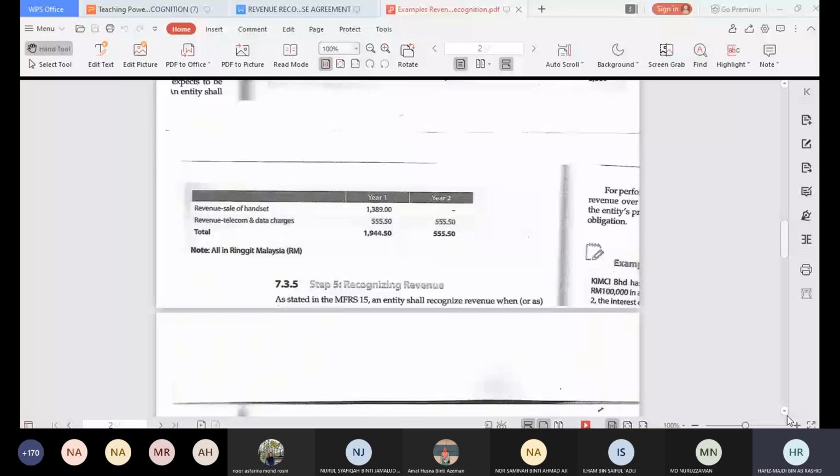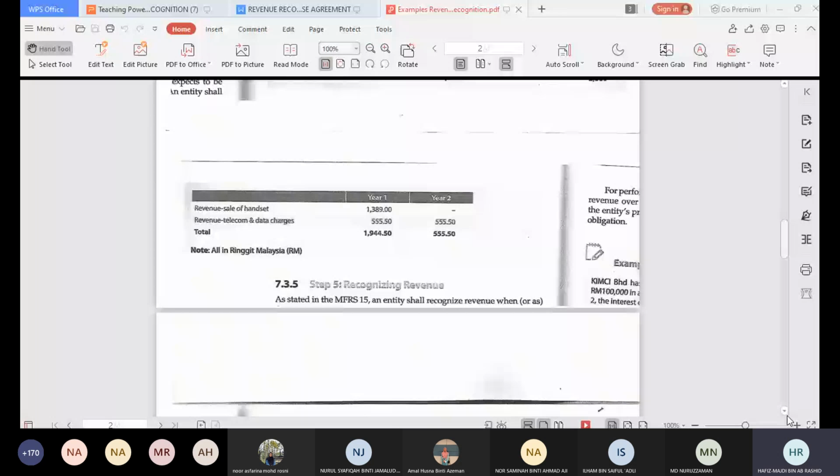Example 7.7 just shows that you can also include the interest. If the loan which you raise is particularly for providing the services to your customers, any interest incurred for that loan can be included in the price of the transaction.